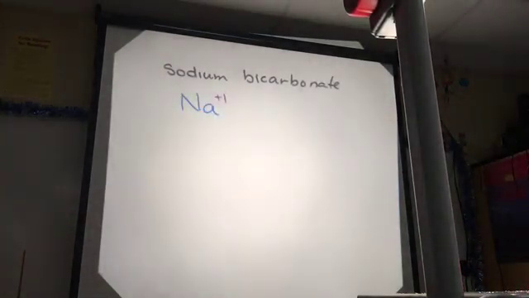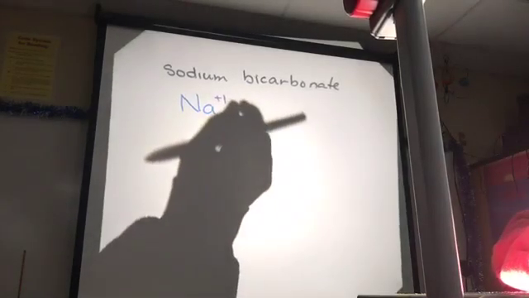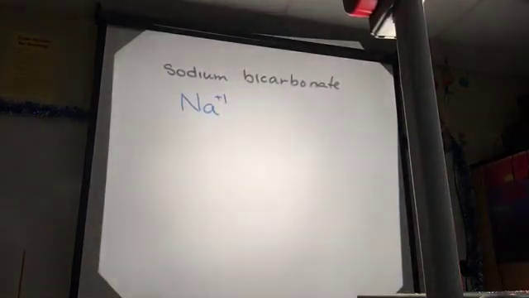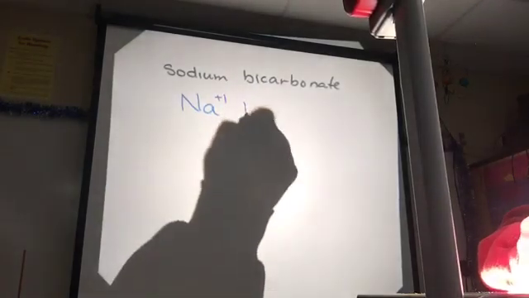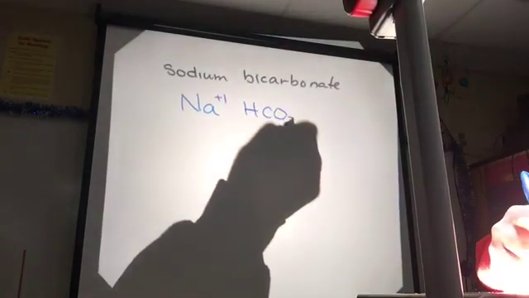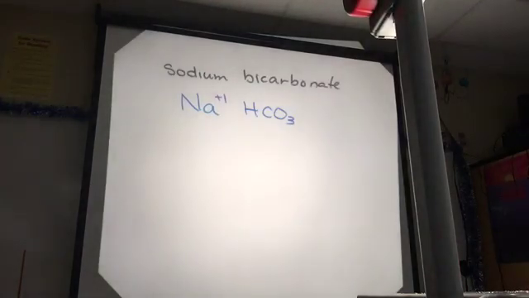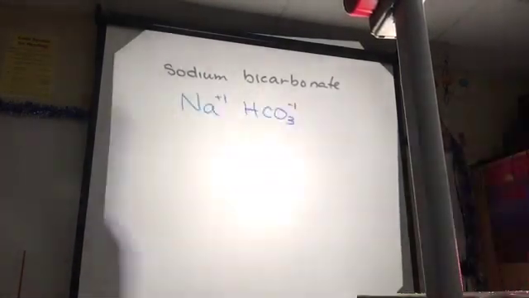What is bicarbonate's formula? So you're going to have to look on the back of your periodic table. HCO3. And its charge is -1. Now, let's stop here for 1 second.